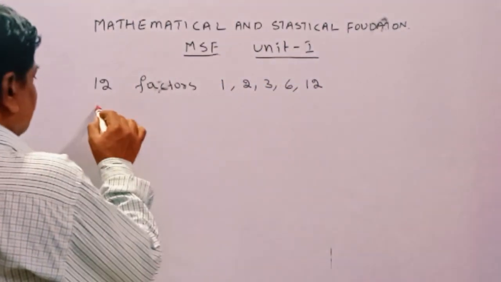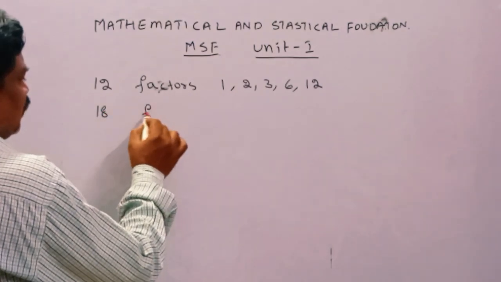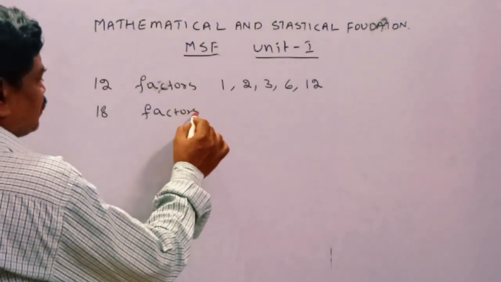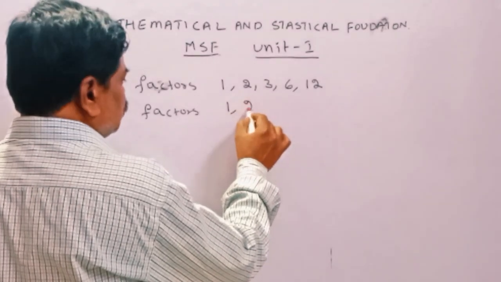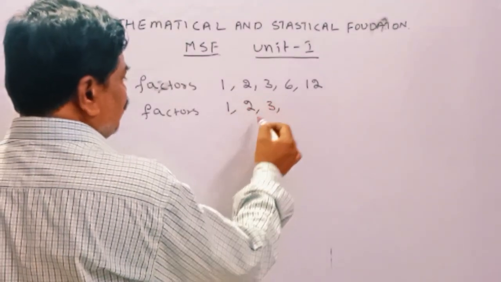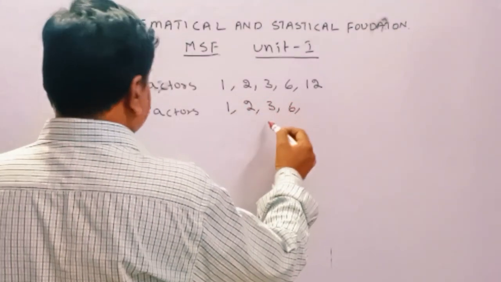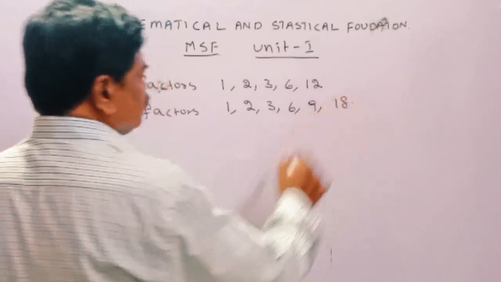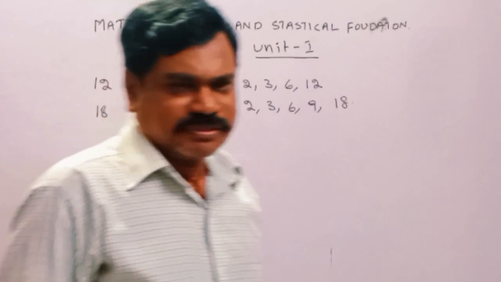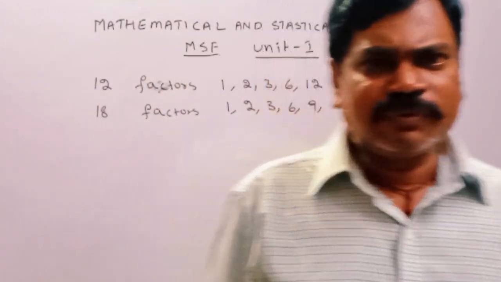And you take 18. Those are the factors of 18: 1, 2, 3, 6, 9, 18. These are the factors.